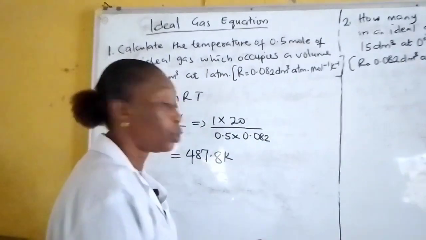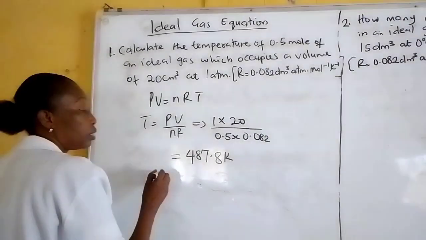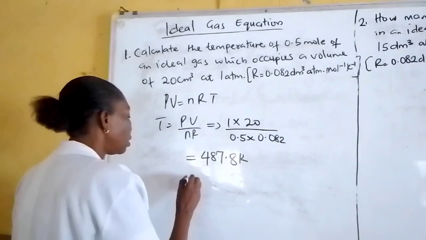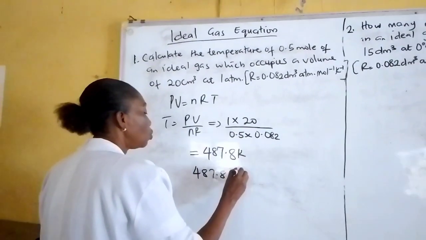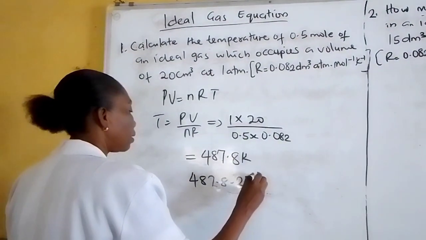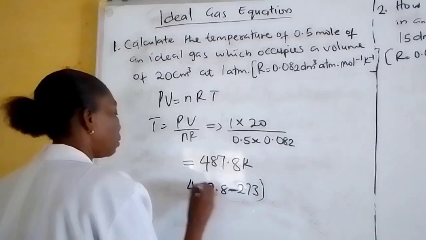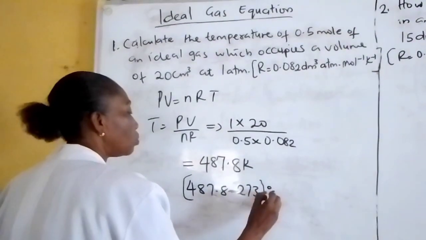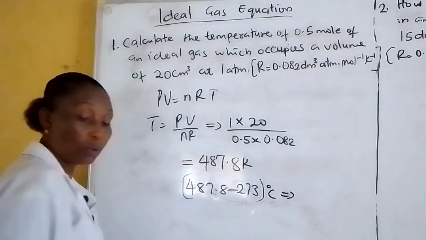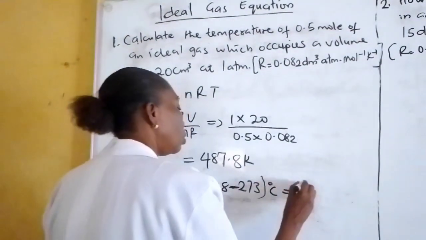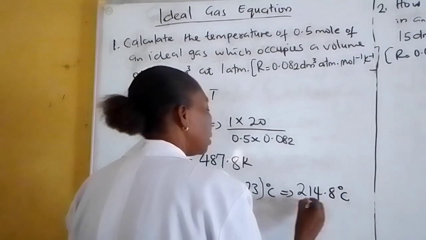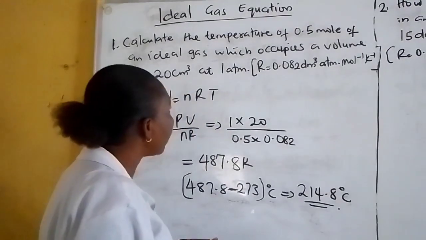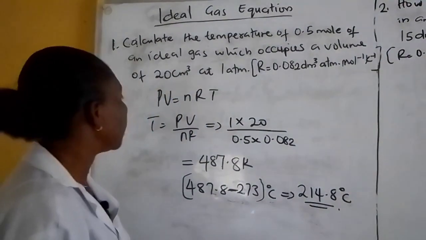Then if you want to convert to degrees centigrade, we will say 487.8 minus 273, all in degrees centigrade. And that will give us 214.8 degrees centigrade.